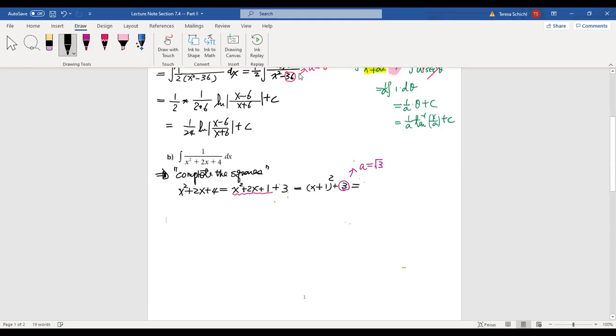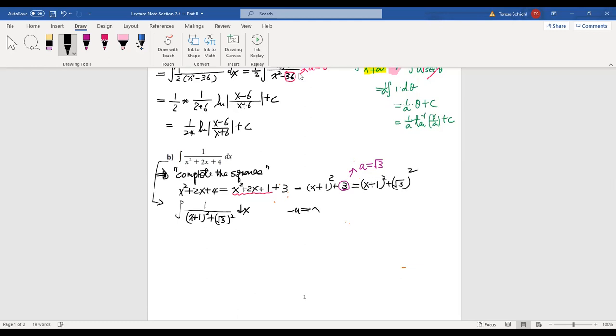Because I can change this to (x plus 1) squared plus the square root of 3 squared. So now this integration, I can change to (x plus 1) squared plus the square root of 3 squared, dx. I almost can use that formula, so I need to do what?